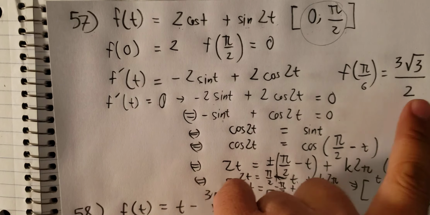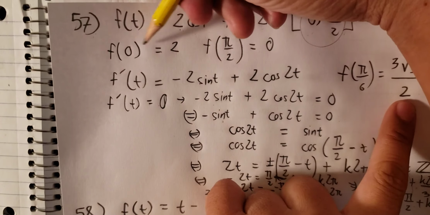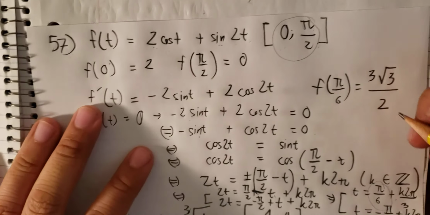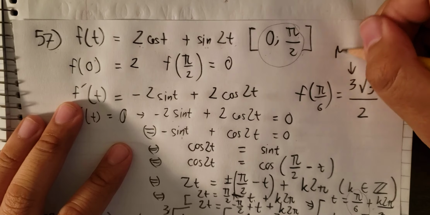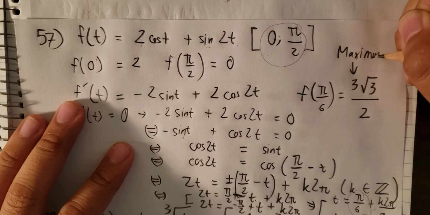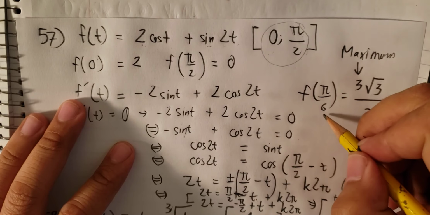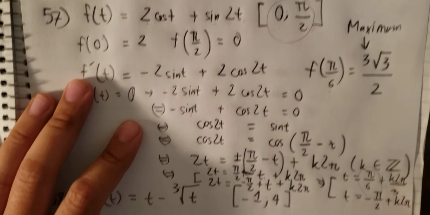And we know that this number is higher than the value at t equal to 0. So the maximum value is 3 times square root of 3 divided by 2, at t equal to pi over 6.